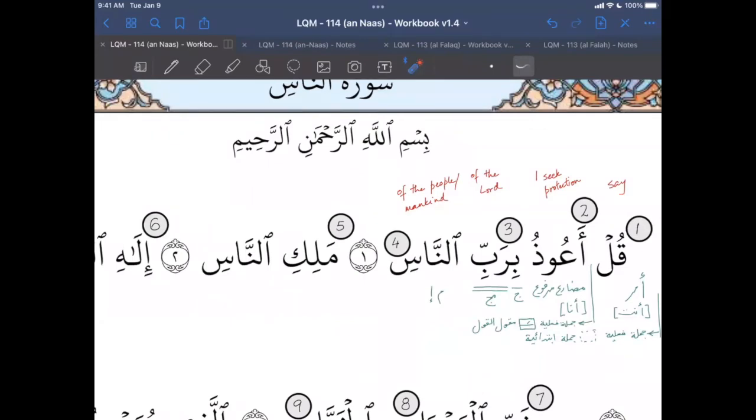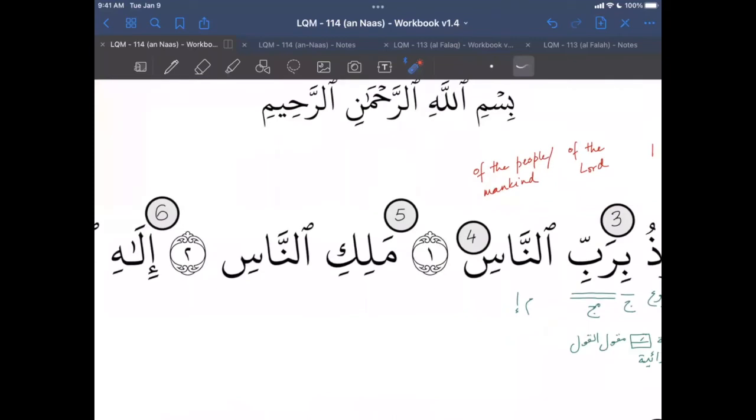Qul a'udhu bi rabbin-nas, malikin-nas. Malik Nas, ayah number 2. So Malik here is coming as a naat. And one other analysis which is also given is badal, li An-Nas, sorry, be Rab.